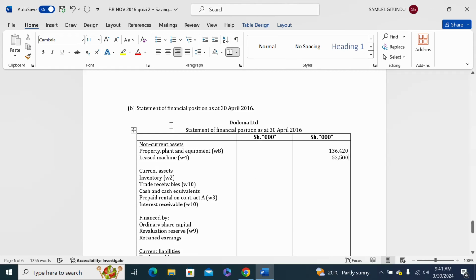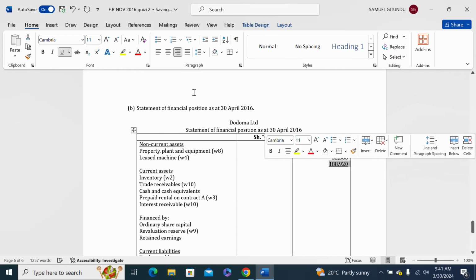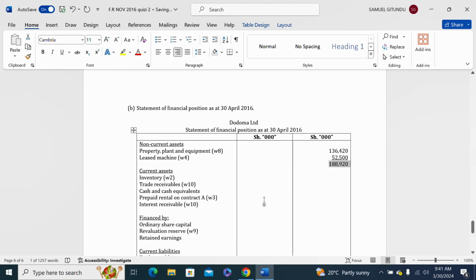Therefore, the total of the non-current assets is 188,920. We now go to the current assets.